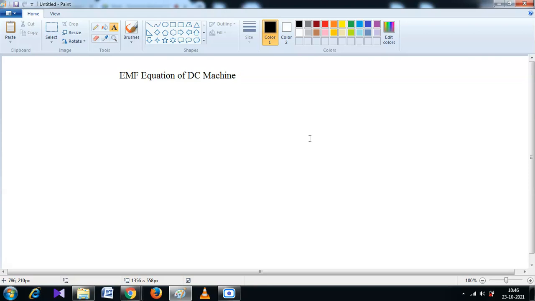Do you know what is Faraday's law of electromagnetic induction? E is equal to d phi by dt. This is the mathematical expression of the second law of Faraday's electromagnetic induction.